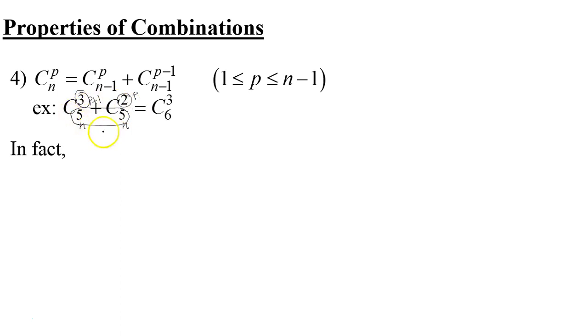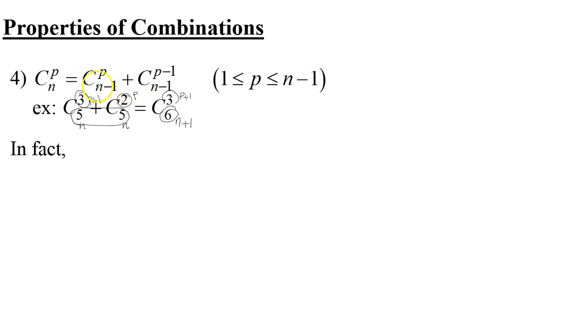Whenever I'm adding two combinations with the same total number of objects, where the number of selections differ by 1, the sum is equal to the combination where the total number of objects is 1 plus the original total, and the number of selections is the larger number of selections in the sum. So this would be p plus 1, and this would be n plus 1.